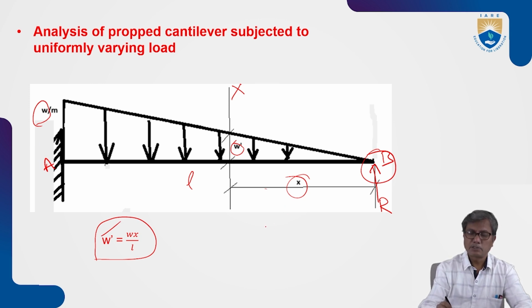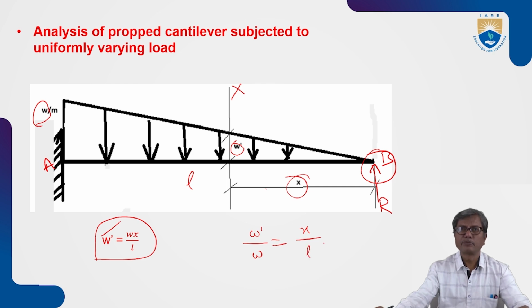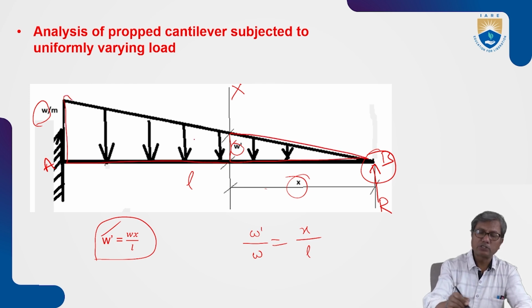The similar triangle property says the ratio of corresponding sides is the same. This triangle and this triangle are similar.